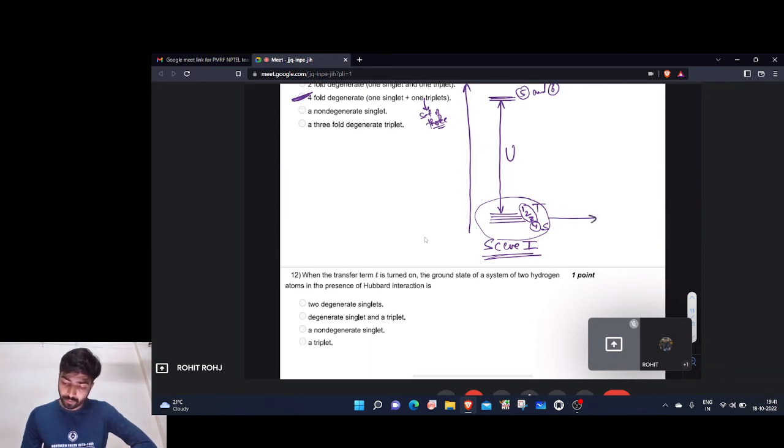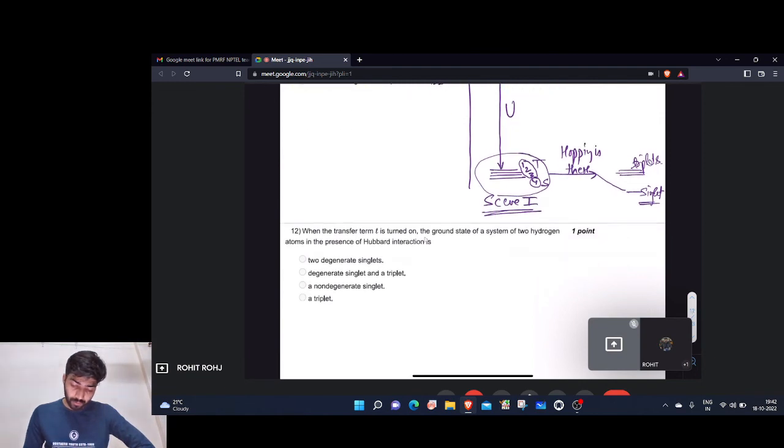If the transfer term or the hopping is on, then the singlet state becomes more stabilized as compared to the set of triplets, because one can have more number of exchanges in the singlet state.